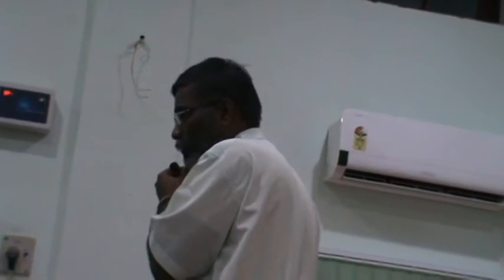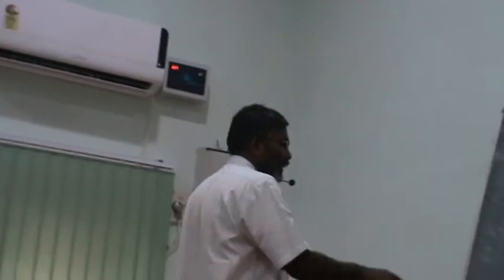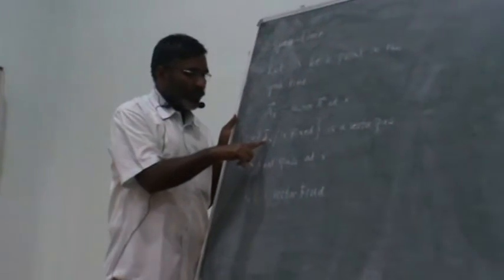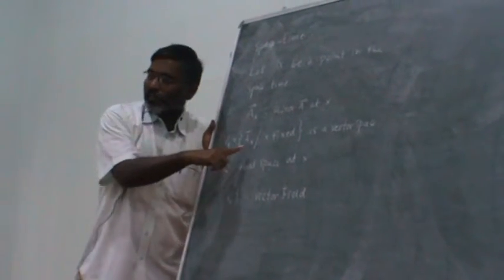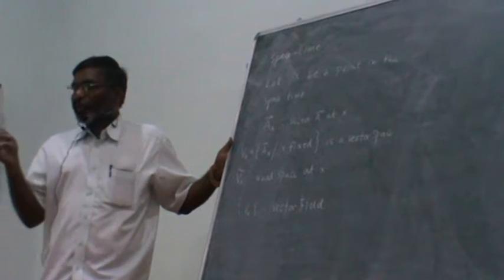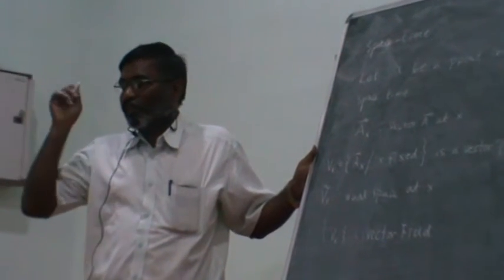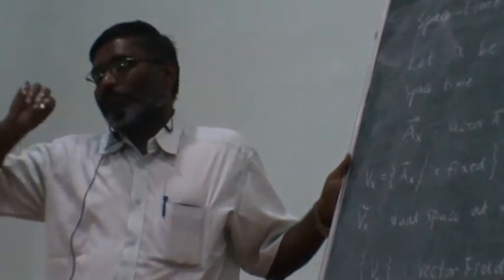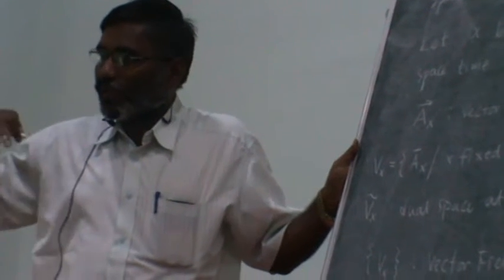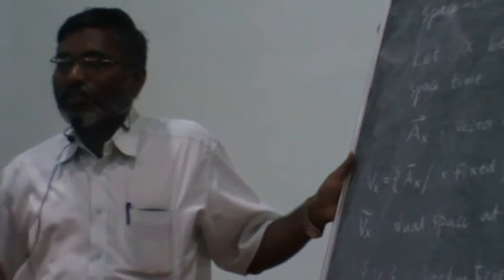But x is in the tilde, is it subscript or superscript? Essentially, when I say Ax, it is not an index. This x is not an index. It is simply to say that this A is at x. It would be a little bit more cumbersome if I write that also, because we are already writing a lot of pieces.